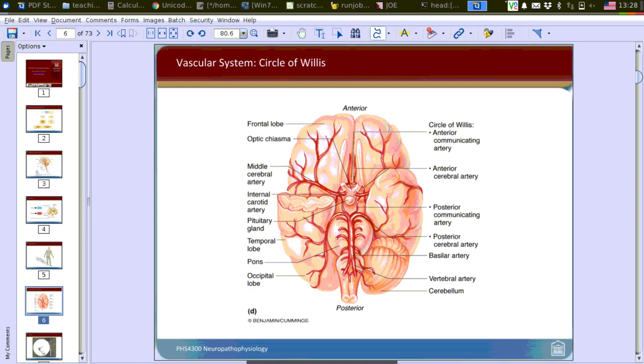This is in comparison to the heart. The heart will only get damaged after 20 minutes without blood supply. And that's because the heart will slow down if it loses blood supply.